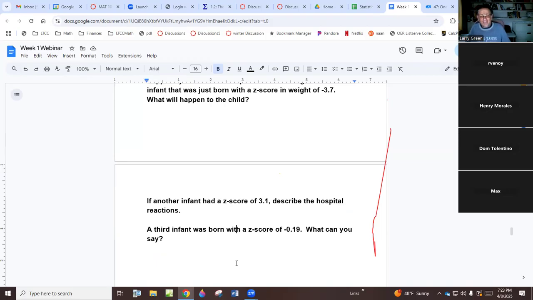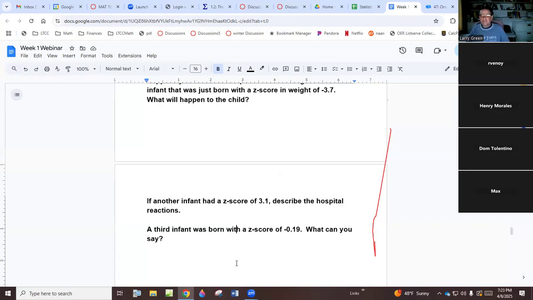Yeah, in this case, negative 0.19 is really close to zero, right? Remember, negative 2 would be an outlier. This is even anywhere in that realm of negative 2. This is going to be just a typical average baby.